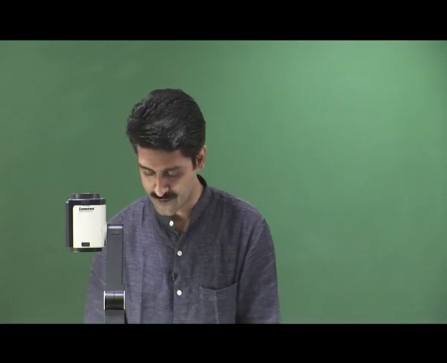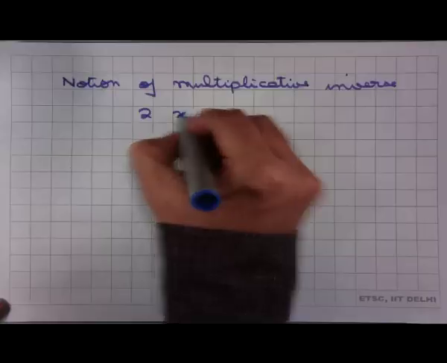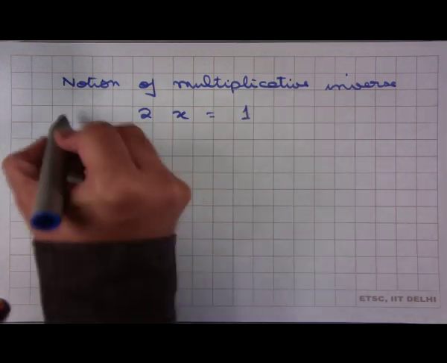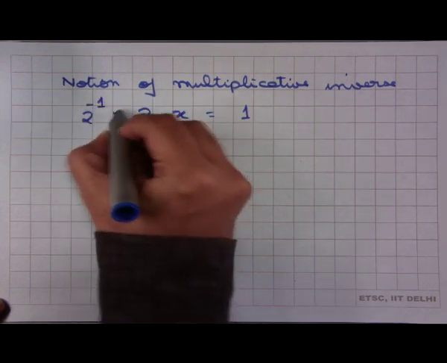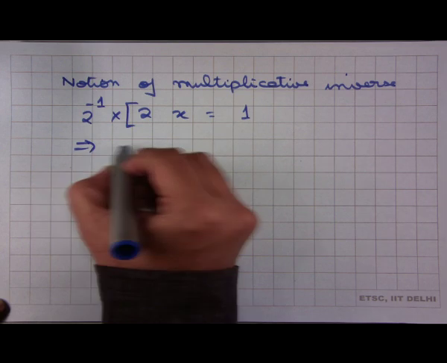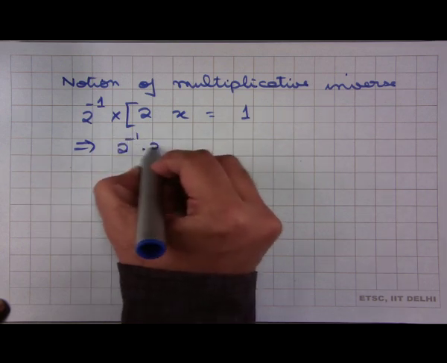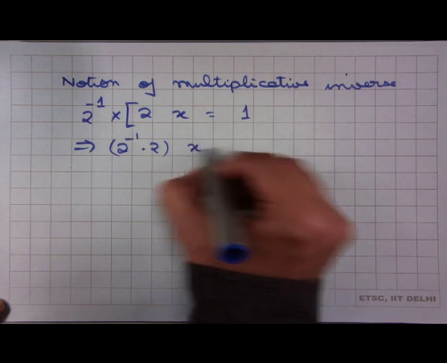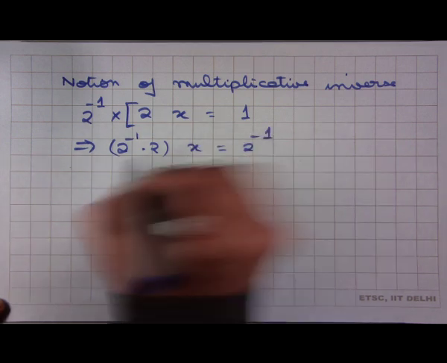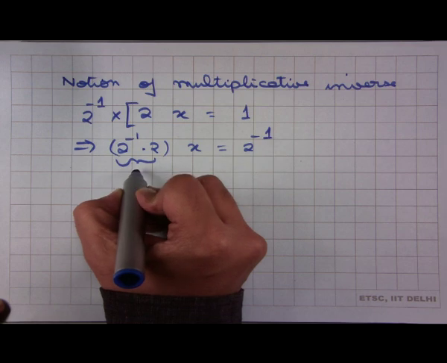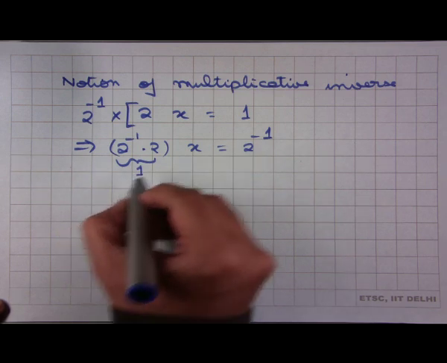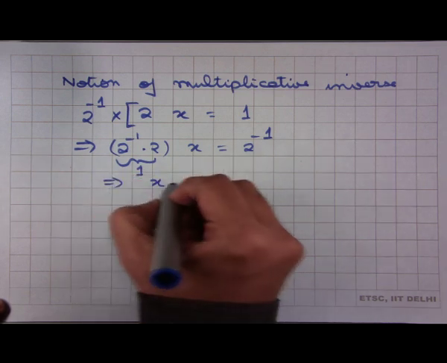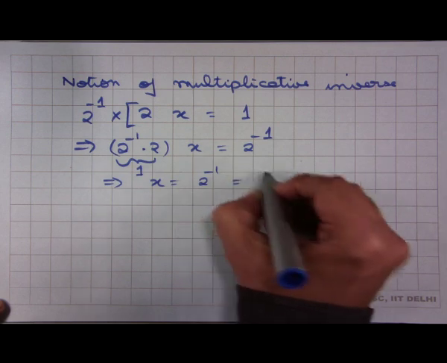So, we have 2x equal to 1. We multiply both sides by 2 power minus 1, so that you get 2 power minus 1 into 2 times x is 2 power minus 1, and this we know from how we define division and multiplication is 1. So, x is 2 power minus 1, or half.